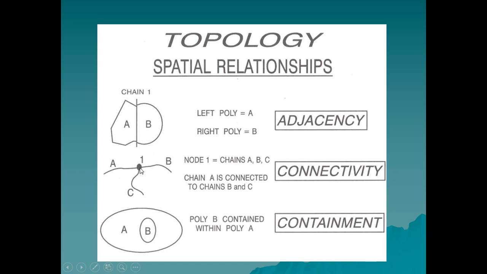So here we can identify a spatial relationship and say that A, B, and C are connected by node 1. So that is our described spatial relationship. And containment: polygon B is contained within polygon A. And these are examples of spatial relationships using the vector data model that can represent features in the real world.